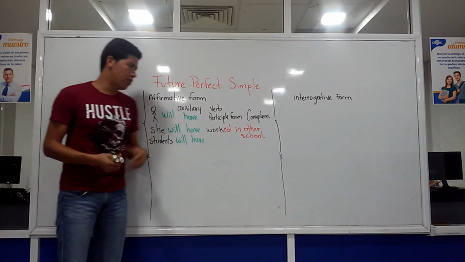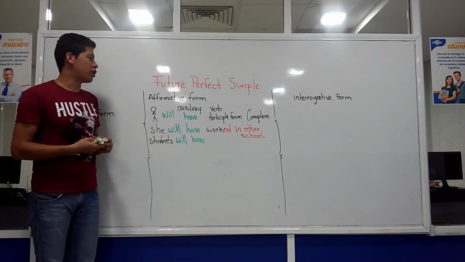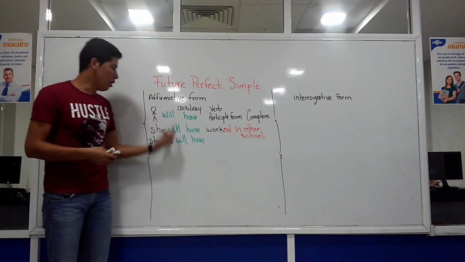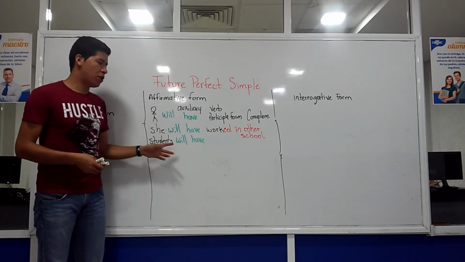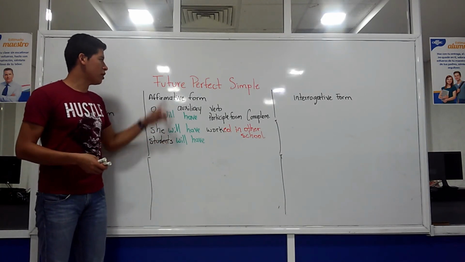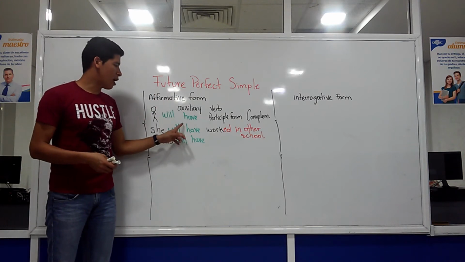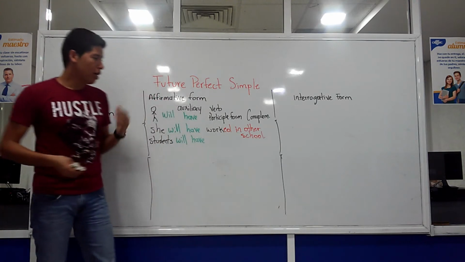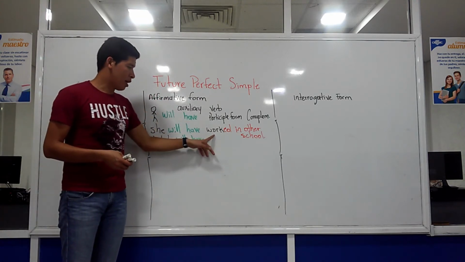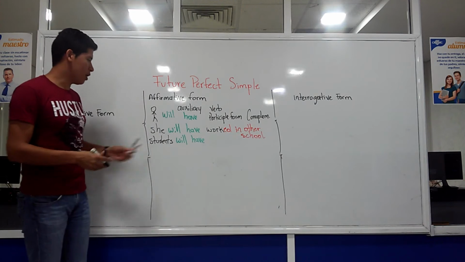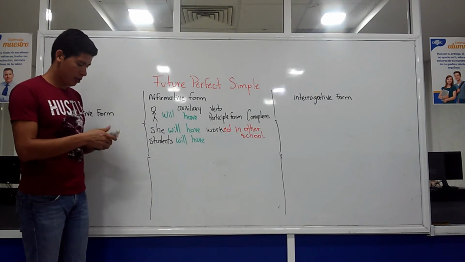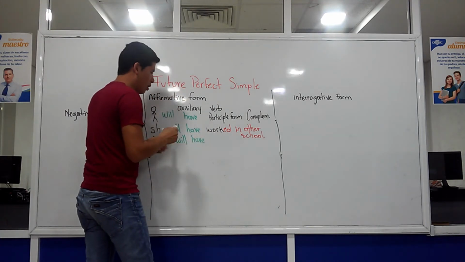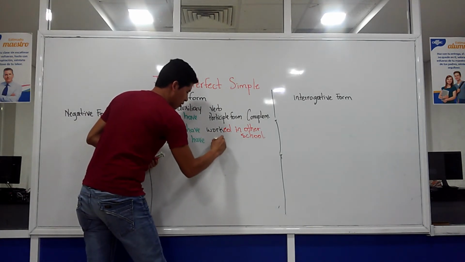This is the very easy form of the future perfect simple. Remember, we use the subject, we use will with all subjects. It's very important to use will because it's the future, and for perfect I use have, and I use a verb in the participle form, and you know we have regular and irregular verbs. Now I'm going to use an irregular verb, made.